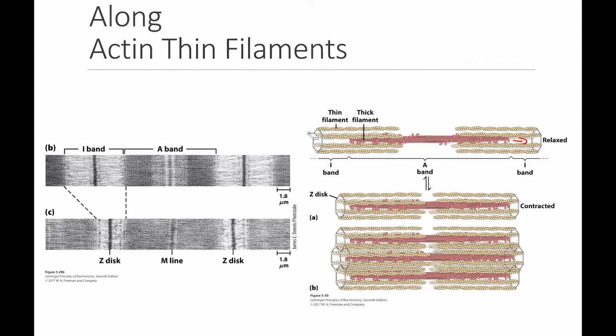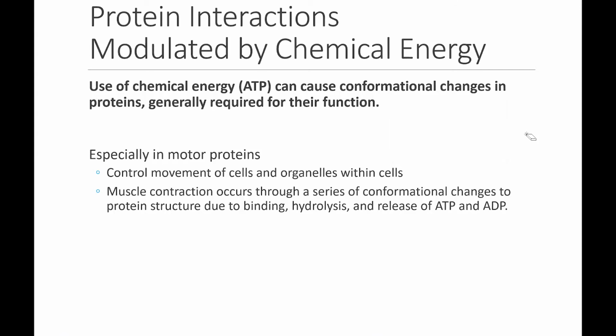But how, on a biochemical level, does this happen? It's very easy to say, oh, the myosin crawls along actin, but how is it actually crawling? It's happening through chemical reactions. What's happening is that ATP is actually being utilized to bind or unbind, causing conformational changes.